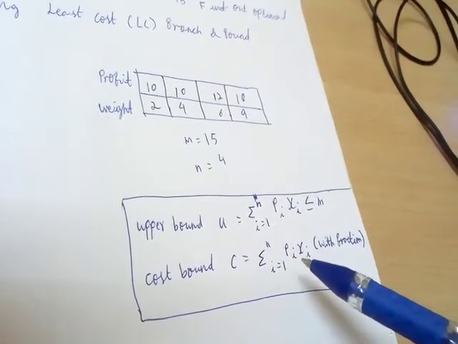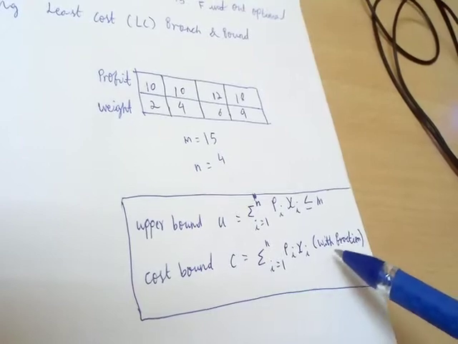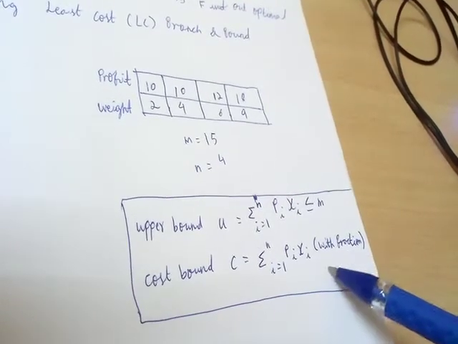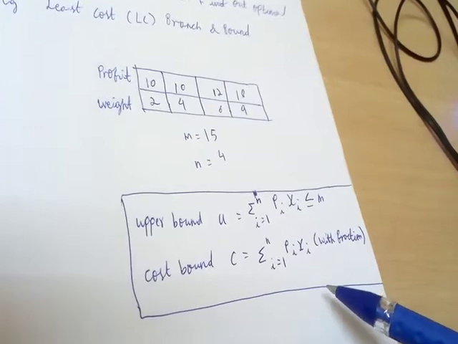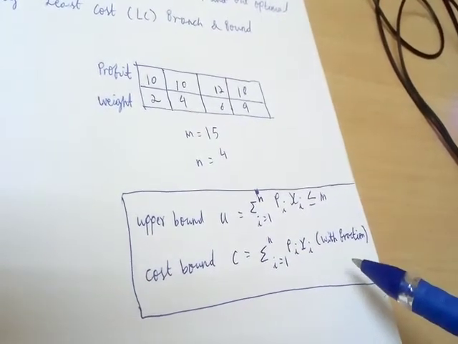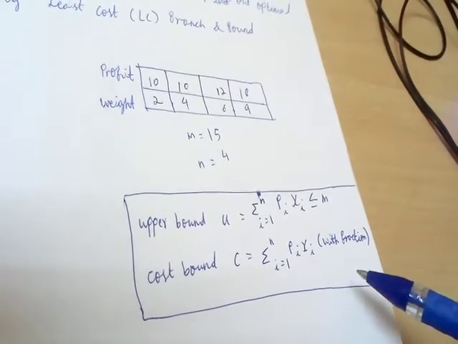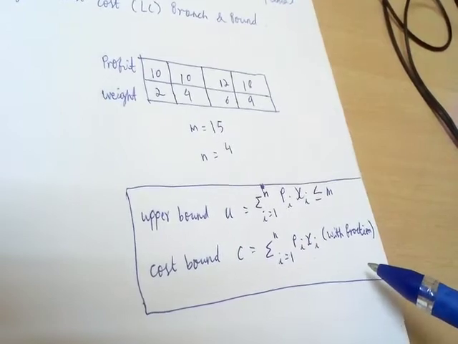This is also the summation of the profit of all the items. Here, a fraction of an item can also be added until the total weight reaches the maximum capacity of the knapsack. So in cost bound, we use the fractional knapsack.